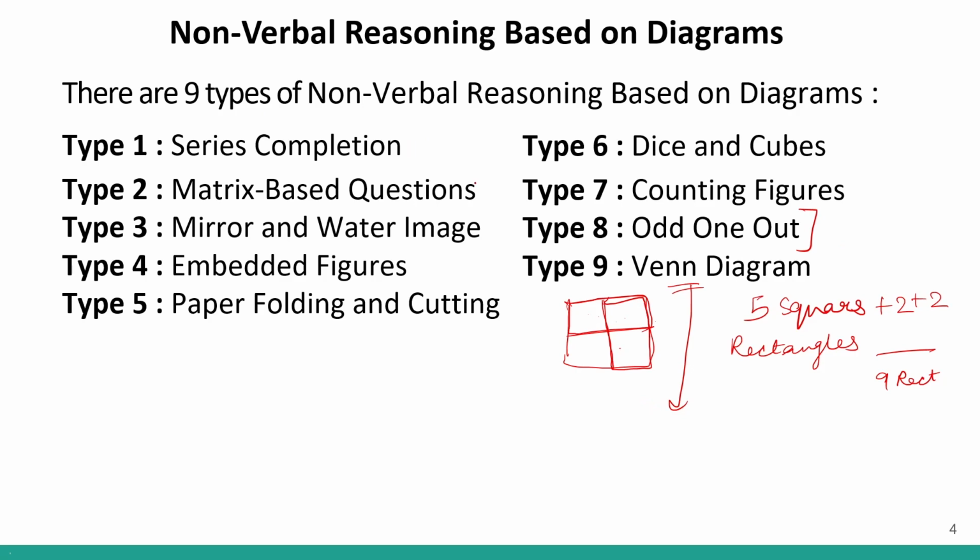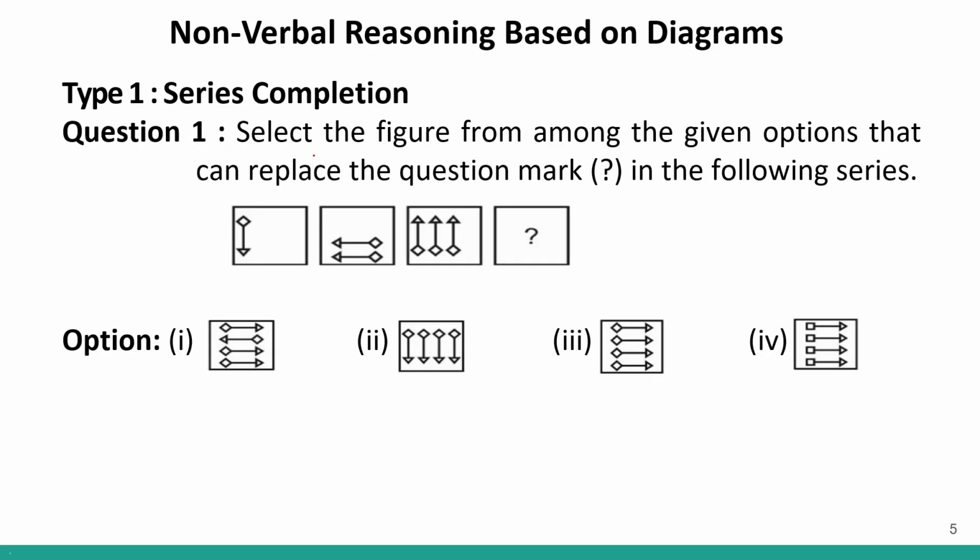Now let us look at type number 1, which is series completion. So 3 images are given to us and we have to find the 4th image. So over here I can see that there are 1 arrow, 2 arrows, 3 arrows. So clearly in the 4th image we will have 4 arrows. Correct? Now over here towards the end of the arrow we have something like this.